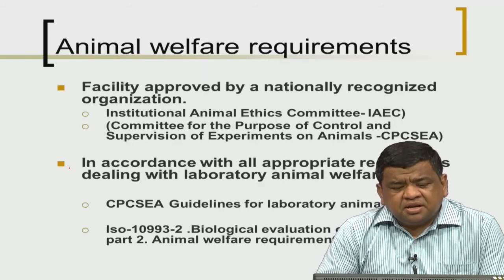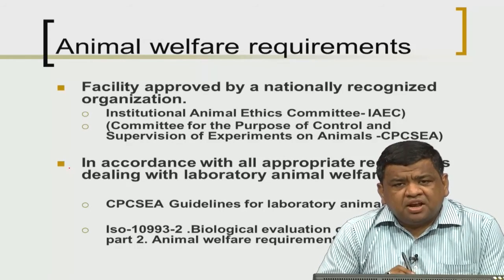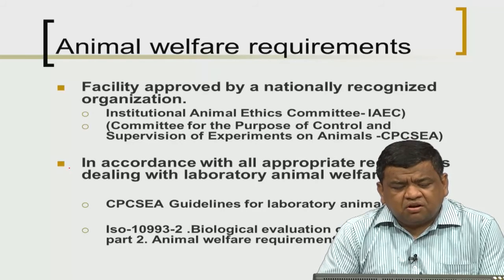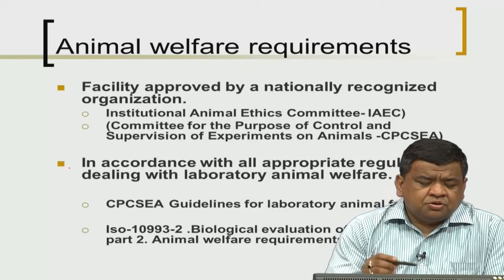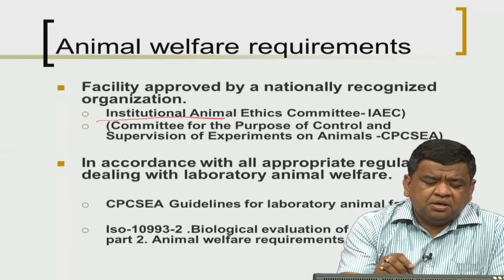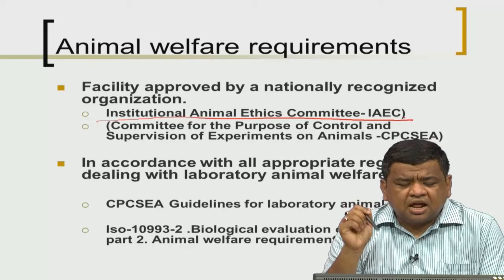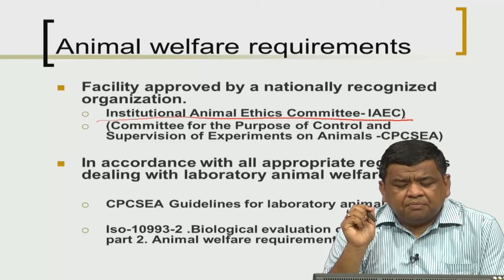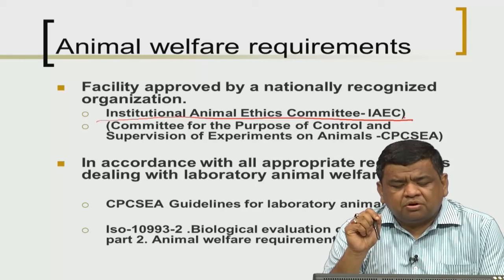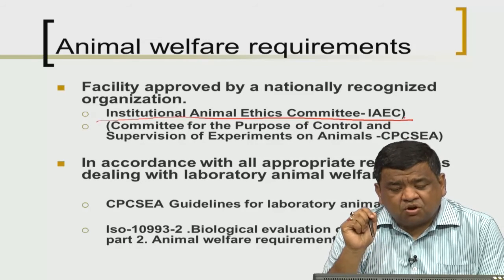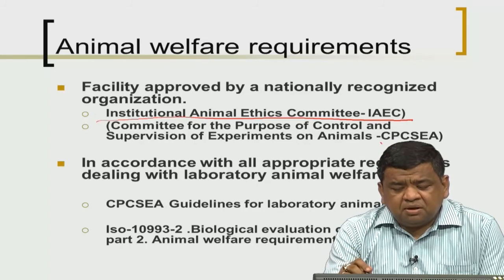First of all, any animal testing facility must be approved by a nationally recognized organization, and therefore, one should have an institutional ethical committee in place. The institutional ethical committee also should be approved by the Committee for the Purpose of Control and Supervision of Experiments on Animals, abbreviated as CPCSEA.